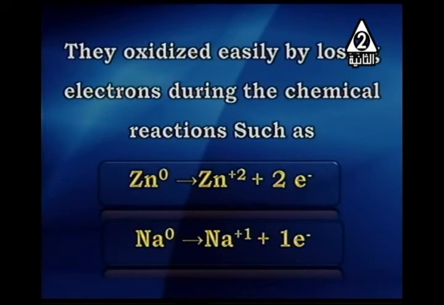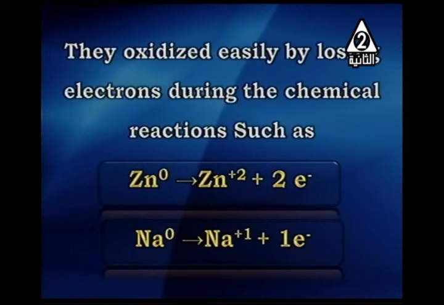And here we have another one. For example, sodium, zero charge. It is an atom of sodium. It loses 1 electron and changes into Na positive 1, the positive ion of sodium. It means oxidation, oxidized easily because it's found before hydrogen.